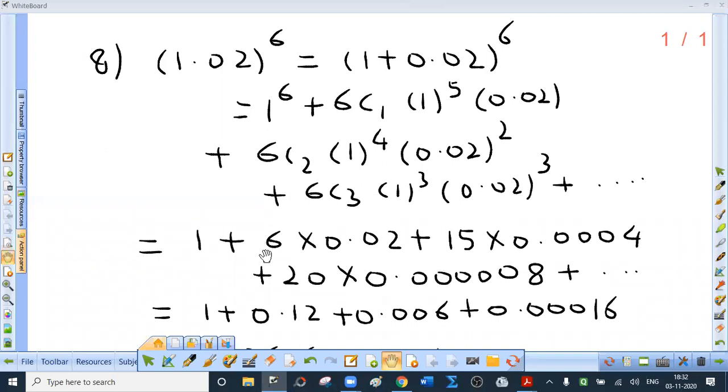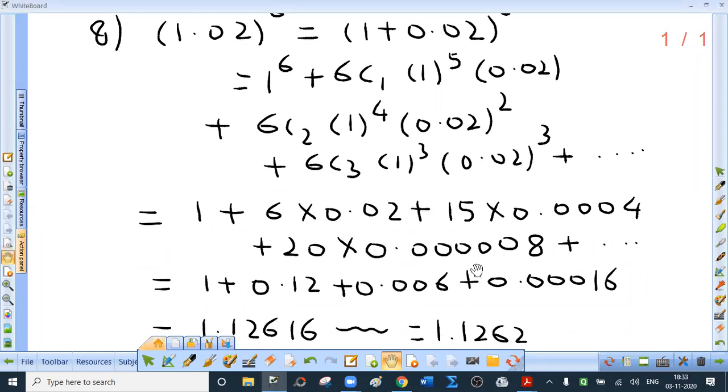So this is 1 plus 6 into 0.02 plus 15 into 0.0004 plus 20 and so on. Actually, I should have mentioned that 6c2 is nothing but 15 and 6c3. You cannot write this directly, or if you write this directly, you have to justify that 6c3 is 6 factorial upon 3 factorial into 3 factorial and so on. See, this is very small again.